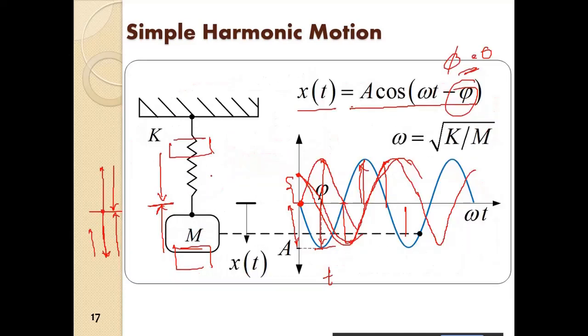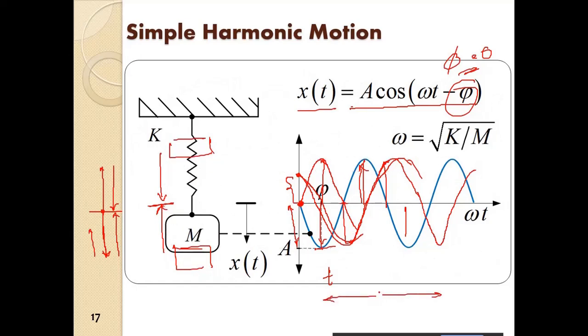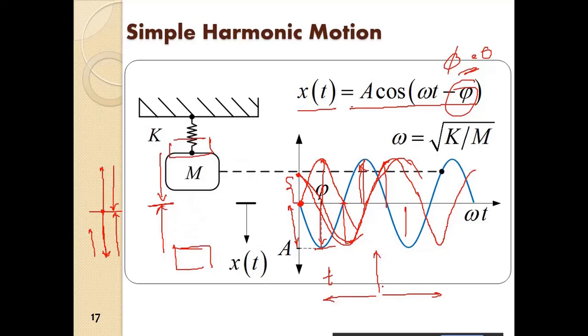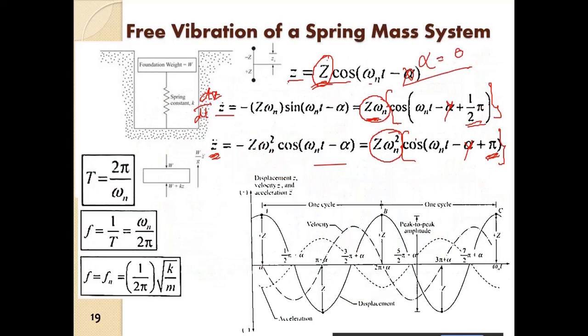So if we have x in this direction, we have the acceleration in the other direction and we have the velocity in the perpendicular direction. And we have the magnitudes of the maximum velocity, maximum acceleration and maximum displacement. And obviously we have the time period, the frequency, and the natural frequency.